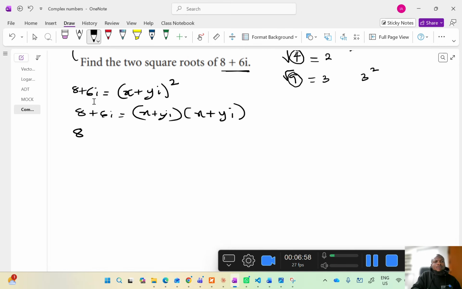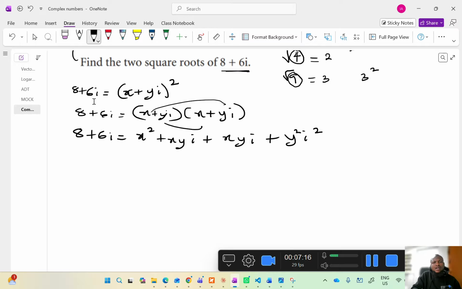So 8 plus 6i becomes x squared, then plus xyi, plus another xyi, plus yi squared, y squared i squared. So that means 8 plus 6i is equal to x squared, this becomes 2xyi. The i squared is -1, minus y squared.